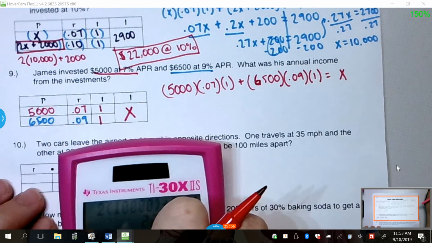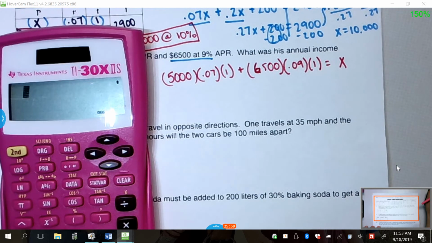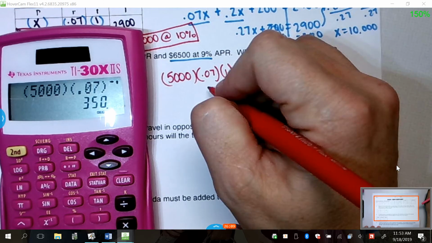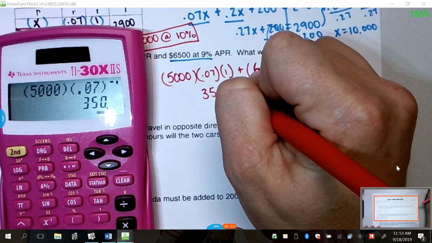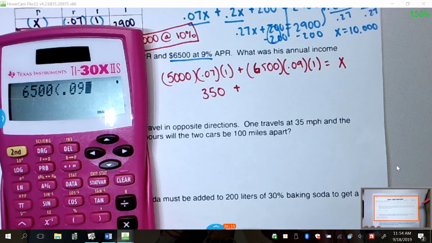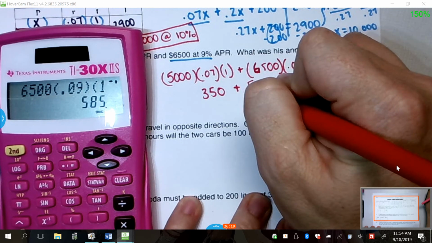I'm going to do this one term at a time just because you don't see much on these calculators. 5,000 times 0.07 times 1 gives me 350, plus 6,500 times 0.09 times 1 gives me 585.